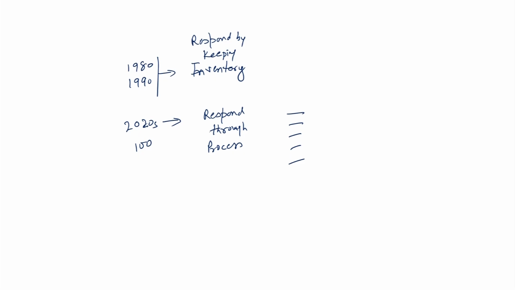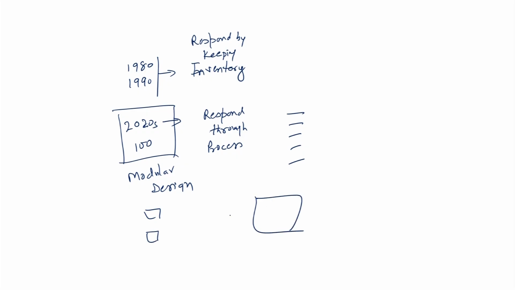So, rather than keeping the inventory high, you make your manufacturing processes very agile with the help of modular design, so that you are keeping the sub assemblies ready rather than keeping the final product ready. You keep the sub assemblies ready and assemble them as per the requirement of the customer.